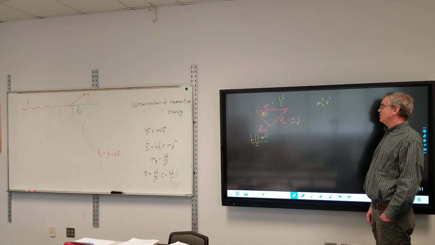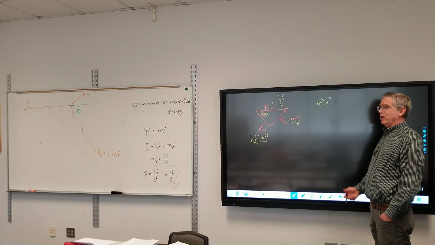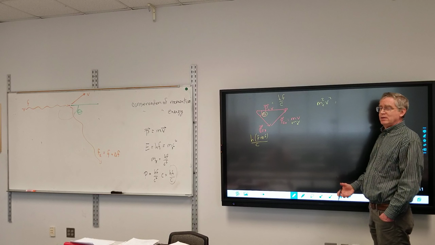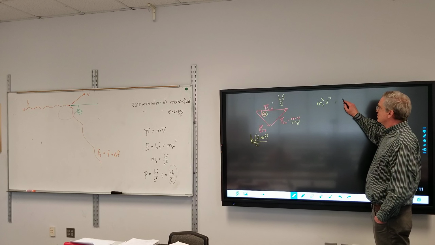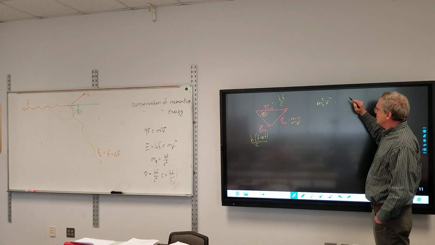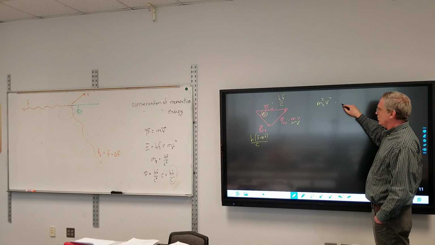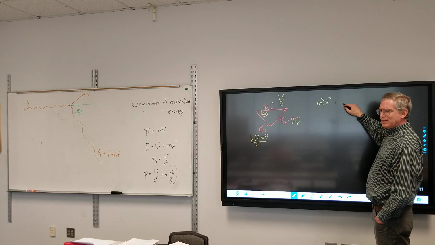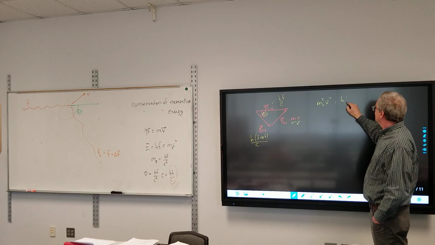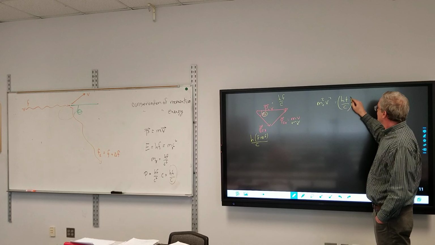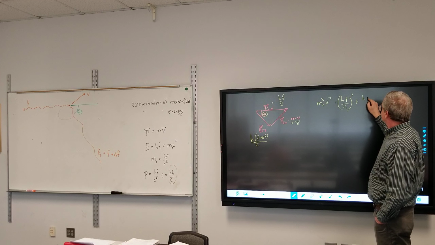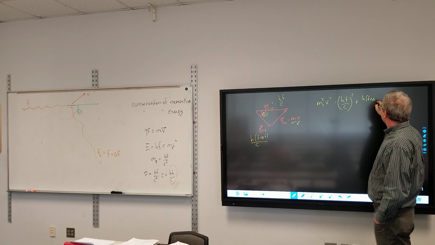Would it help if I said the law of cosines is the generalized form of the Pythagorean theorem? It'll be hf over c, all squared, plus h(f plus delta f) over c, all squared.